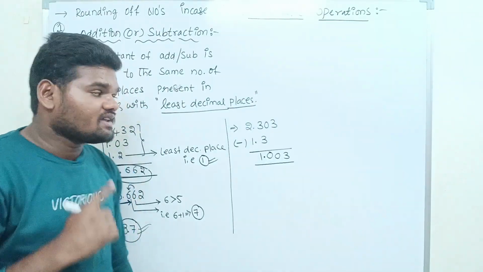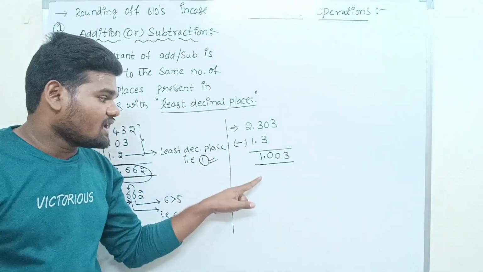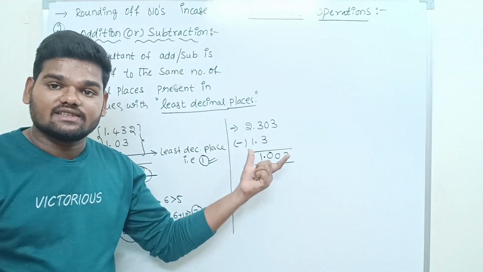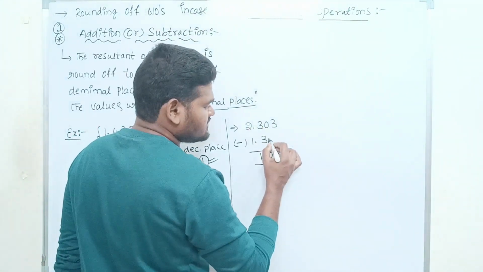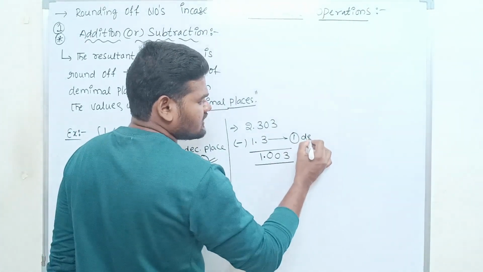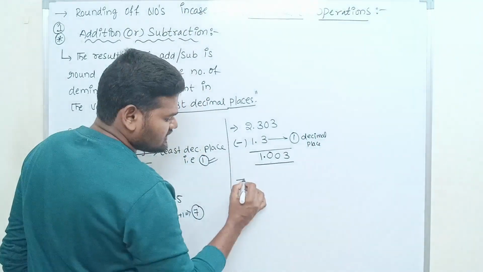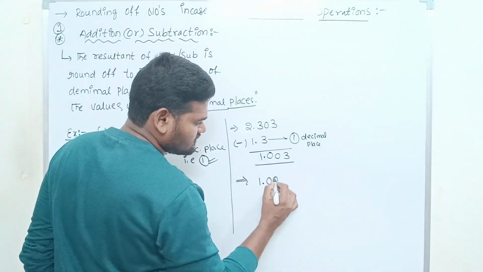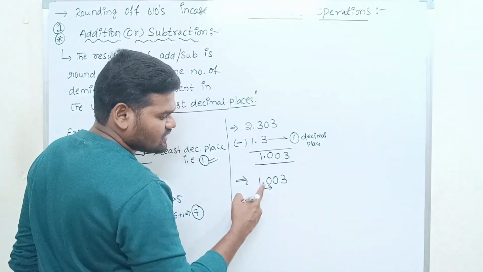We have to round off the number. How do we round off in the case of addition or subtraction? We check the least decimal places present in the given values. In the given values, the least is in 1.3. It has 1 decimal place, right? So we take the result 1.003 and round off to 1 decimal place, that is 1.0.